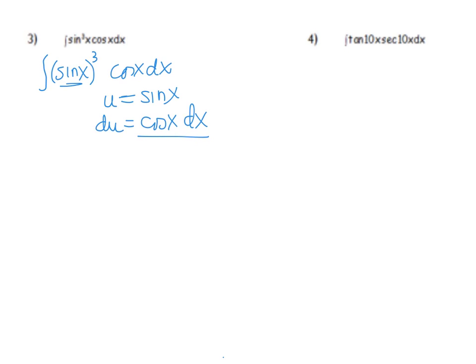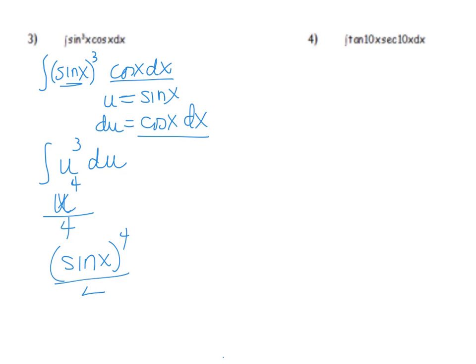All right, so we can see here that we have that already. So I'm going to rewrite in terms of u. So I have u to the third du. Well, that's u to the fourth over 4. u is sine x, so sine x to the fourth over 4 plus c. And you, of course, could rewrite it this way, sine to the fourth x over 4 plus c.